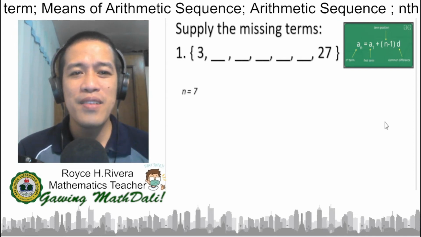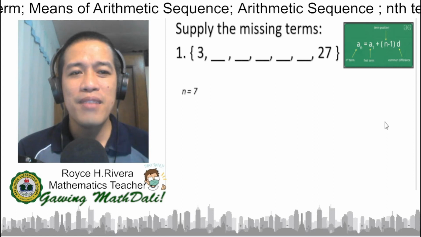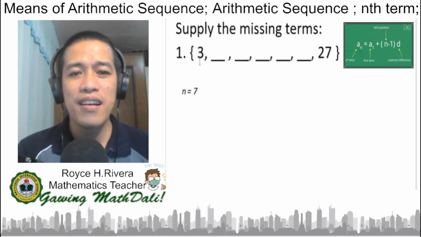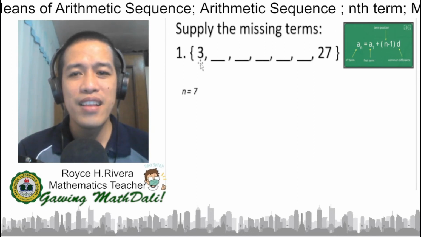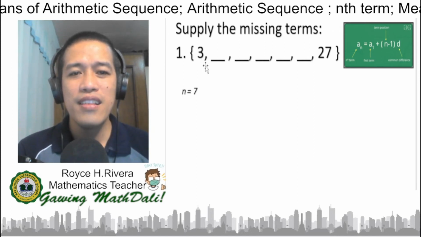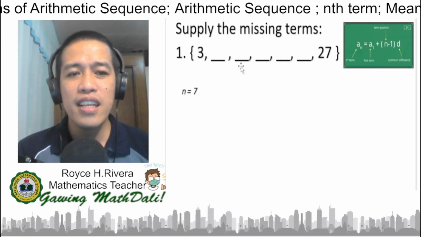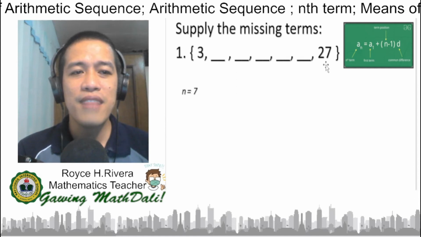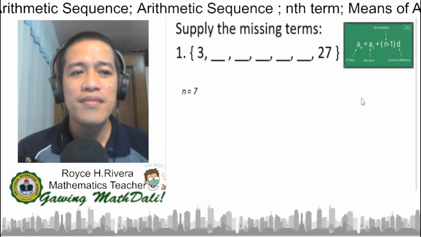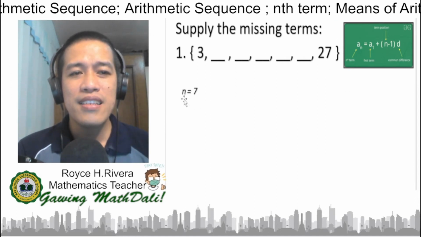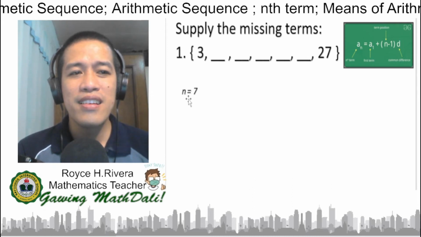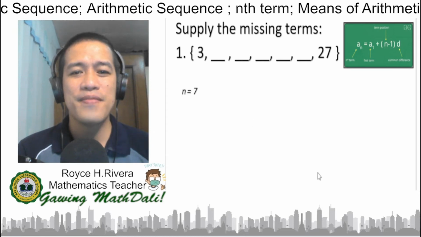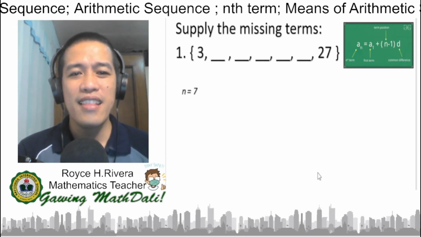First, we need to count the number of terms in the given sequence, starting from 3. Let us count. 1, 2, 3, 4, 5, 6, 7. Therefore, we have 7 term positions in the given sequence. N equals 7.